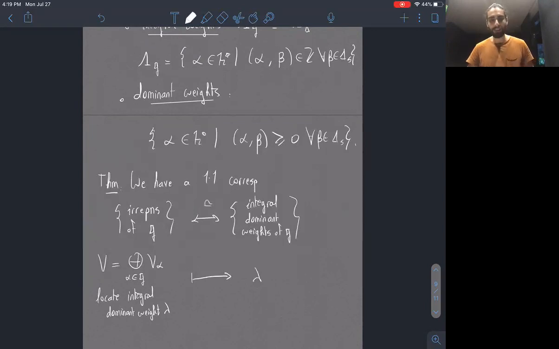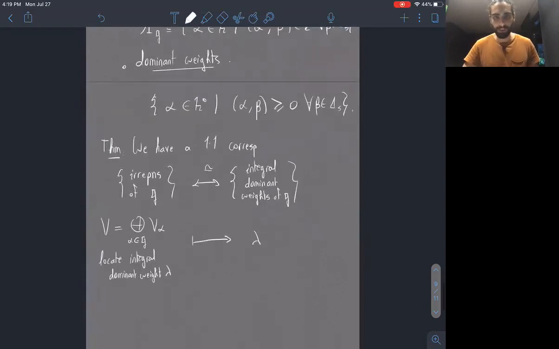And this is a bijection up to isomorphism on the left.